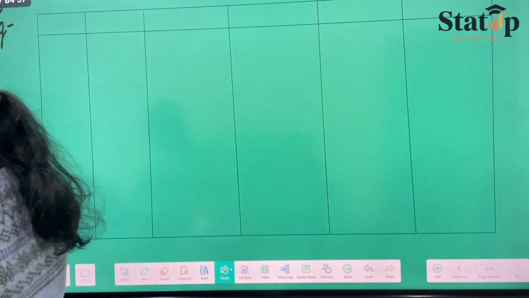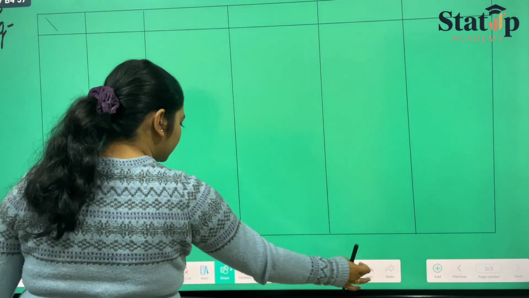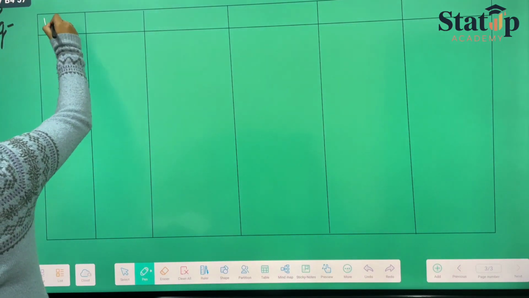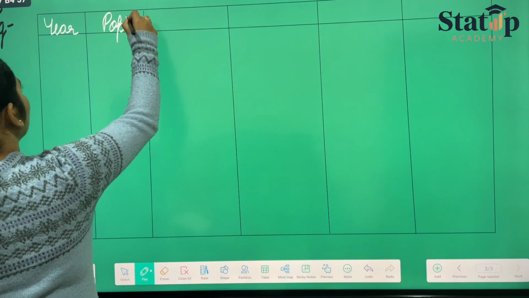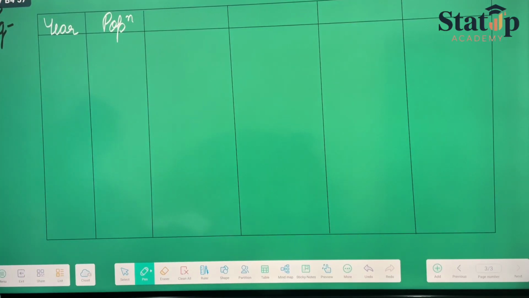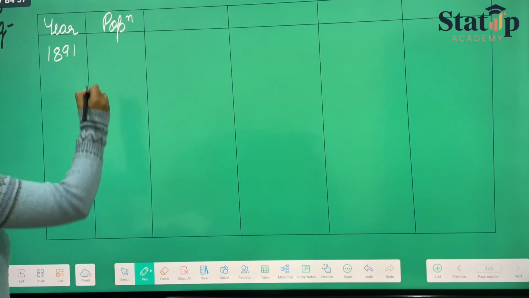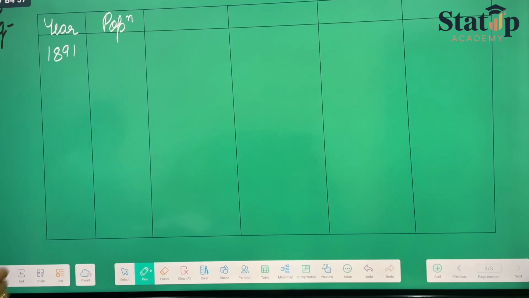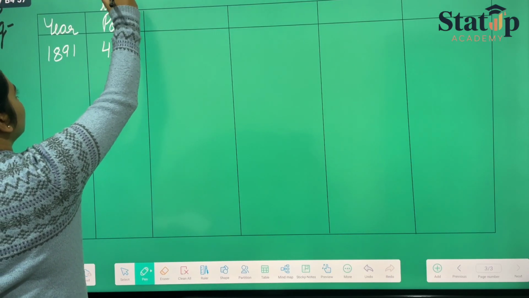I'm writing the question. In the first two columns we have been given the year, and the population of a country in thousands. In year 1891, the population of the country was 46,000 in thousand.